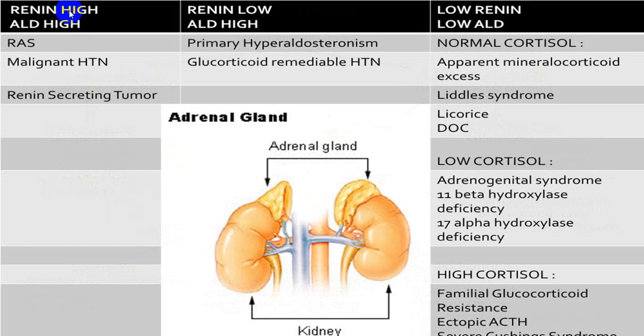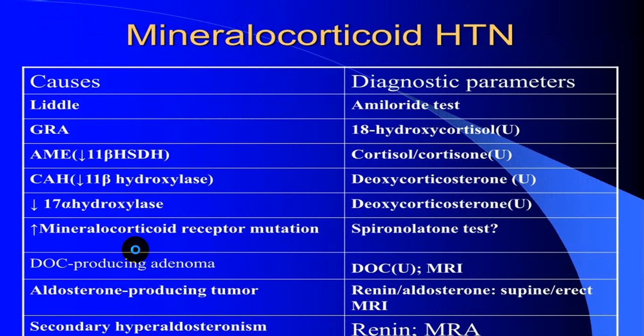So you can divide into high renin, high aldosterone group, low renin, high aldosterone group, low renin and low aldosterone group. We have already mentioned this before. You can go through it at your leisure time. So mineralocorticoid hypertension, these will be the conditions and the tests you do. In Liddle's, you do the amiloride test.